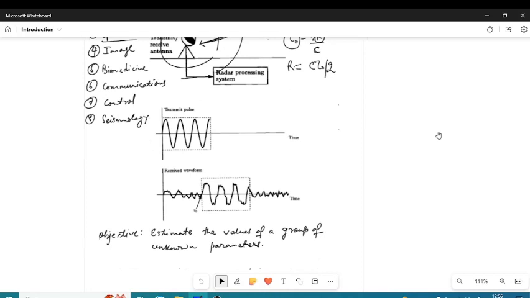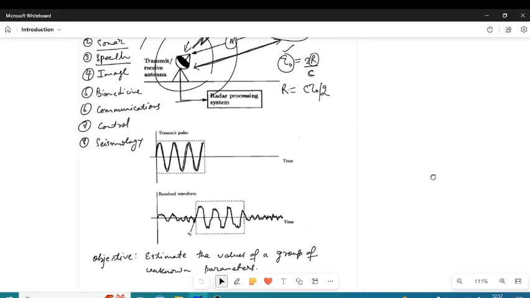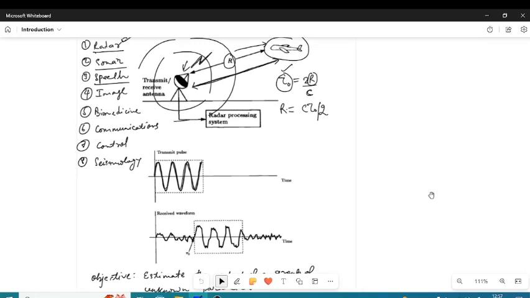So what are the observations of this procedure? First of all, we transmit a pulse, which is shown here. So we transmit a pulse from the antenna, and then after tau zero time, we receive the waveform which is plotted here.